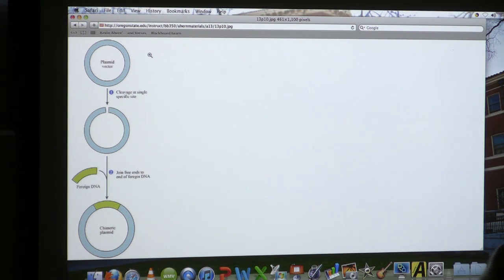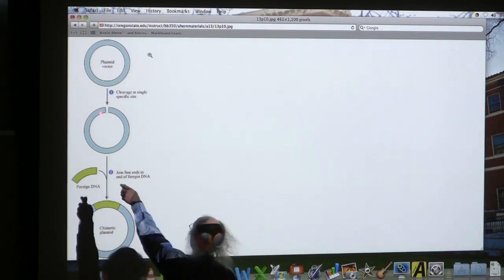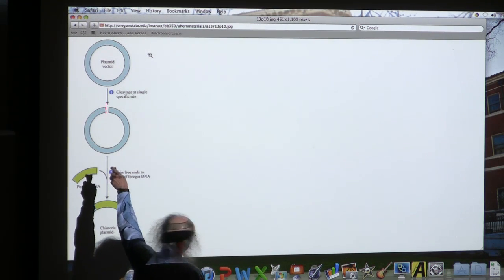But here's a cool trick. The beta-galactosidase gene is set up so it has restriction sites in it that I can cut. One of them is EcoR1. Now, let's imagine here is the beta-galactosidase gene, and right in the middle of it is an EcoR1 site.